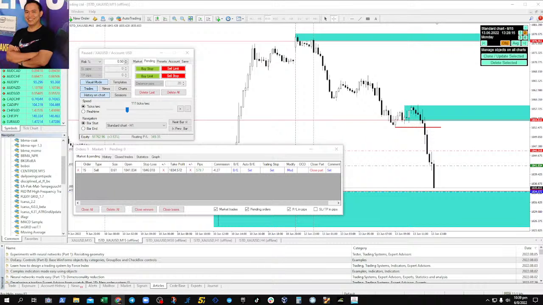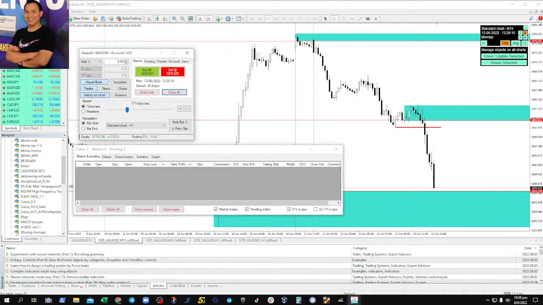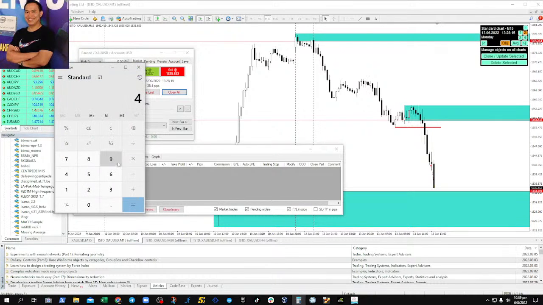So if we close now, our PNL is how much? The PNL is 349. Close all at market, 349. Our stop was 40 pips, which is 250, so 349 divided by 250.